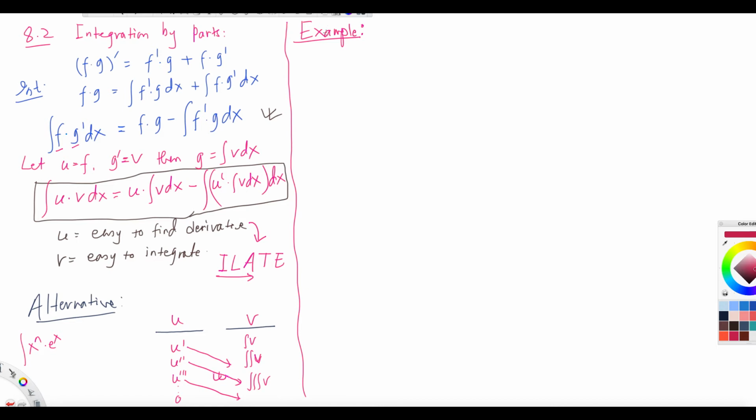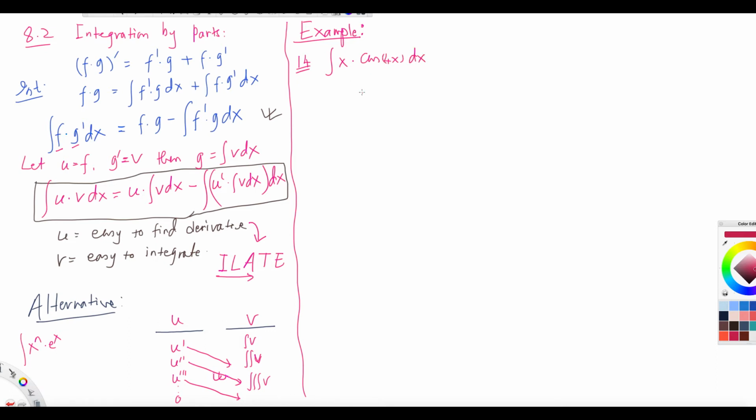The first problem I want to do is question number 14. It asks you to find the integral of x cosine 4x dx.